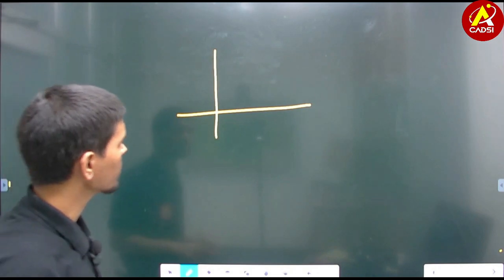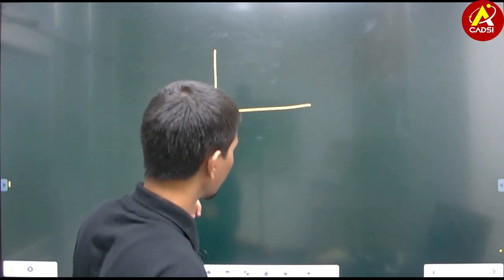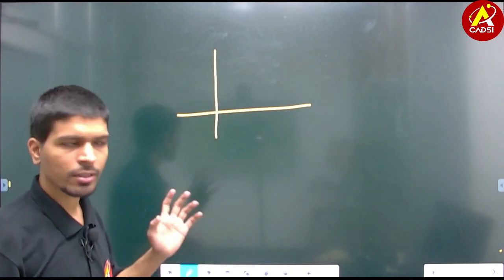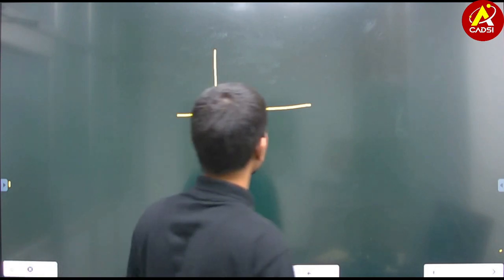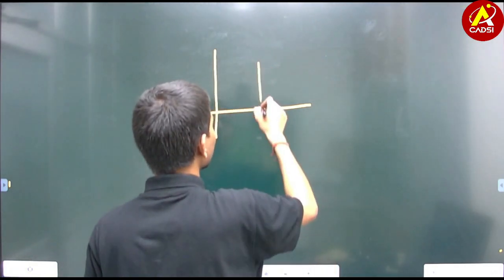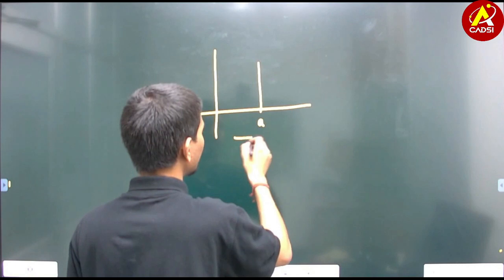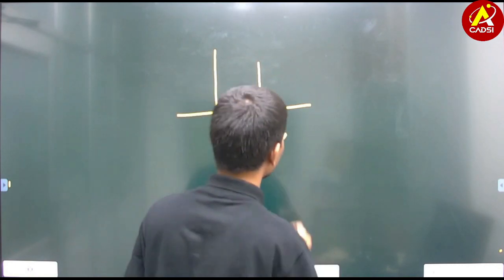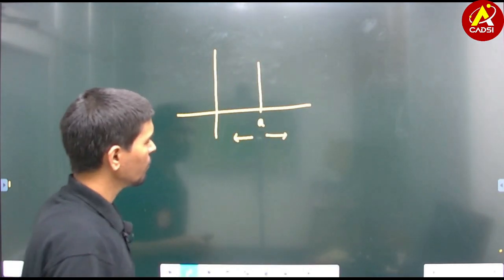We have discussed two concepts. First is the limit, and second is the continuity of a function at a particular point. Limit means the left hand limit and the right hand limit.